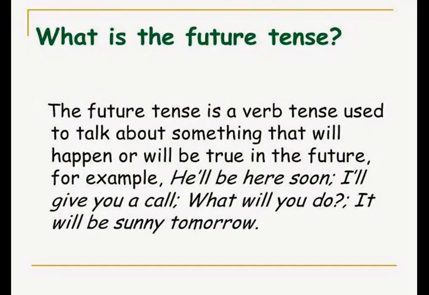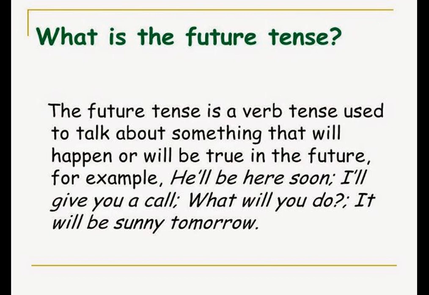Now next we will go to the topic simple future tense. This tense talks about things which are going to happen, or will happen in the future, or can happen after some time, after 2 days, after 3 days.